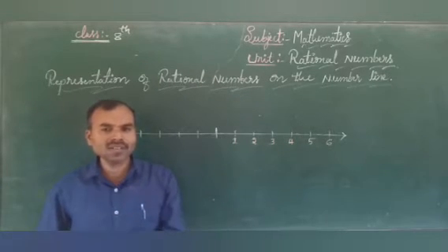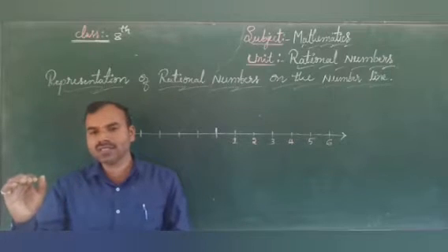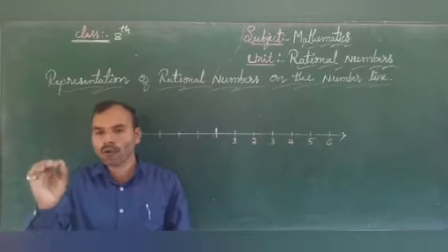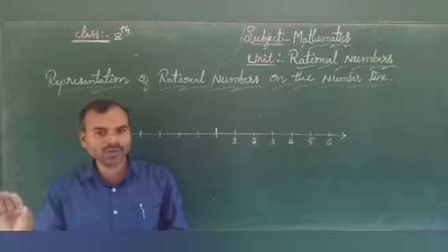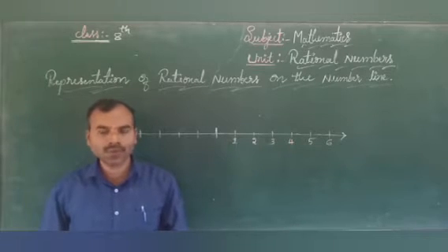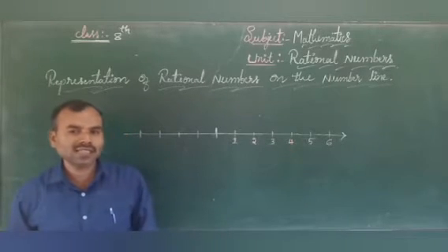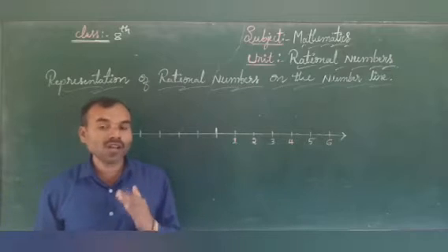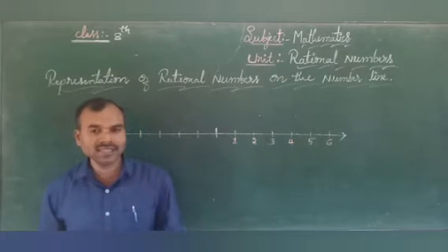What are rational numbers? A number that can be represented in the form p by q, where q is not equal to 0.